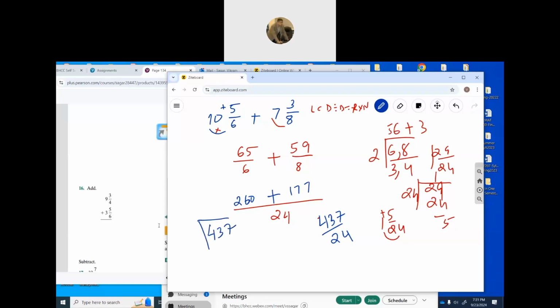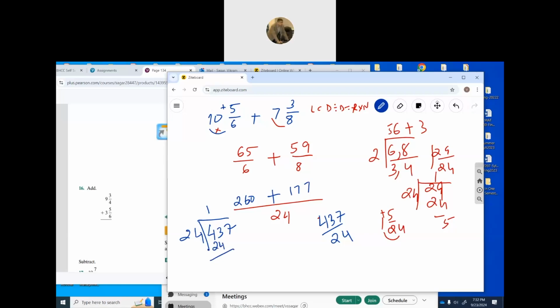437 divided by 24. 24 times 2 is 48, and 43 is less than that, so not 2, 1.